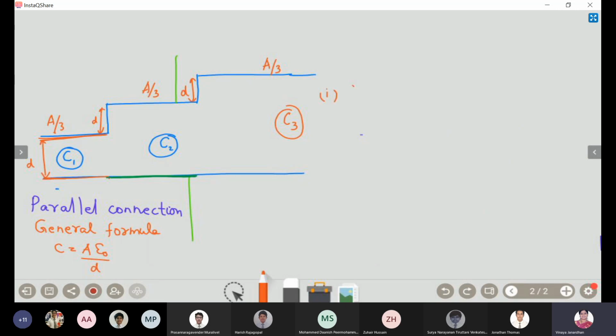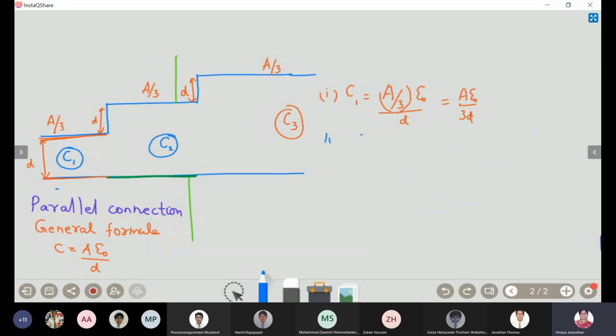C1 is A by 3 epsilon naught by D, so C1 is A epsilon naught by 3D.